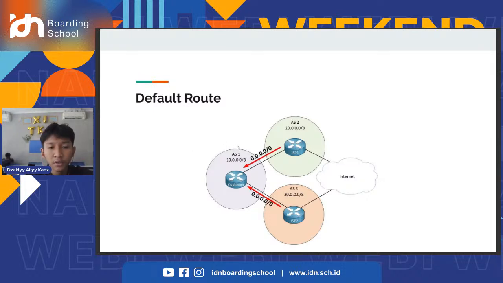How about the configuration for the default route? With the default route, the customer router only needs one configuration, the route 0.0.0.0, and then the gateway is going to the S2 router and S3 router, and it can all be used with only minimal specification from the router, because the router will not save the partial routing table or the entire routing table from the world.